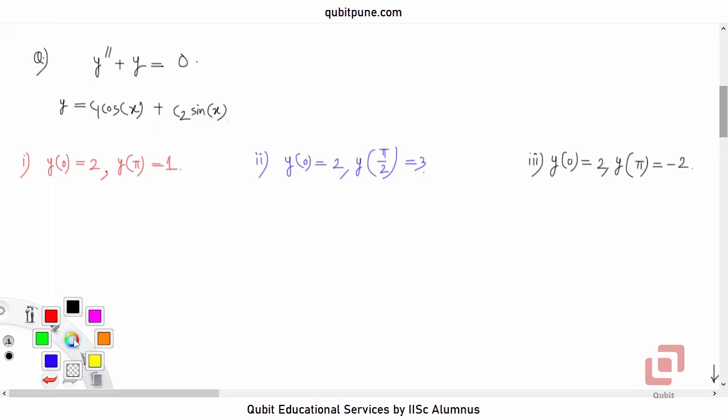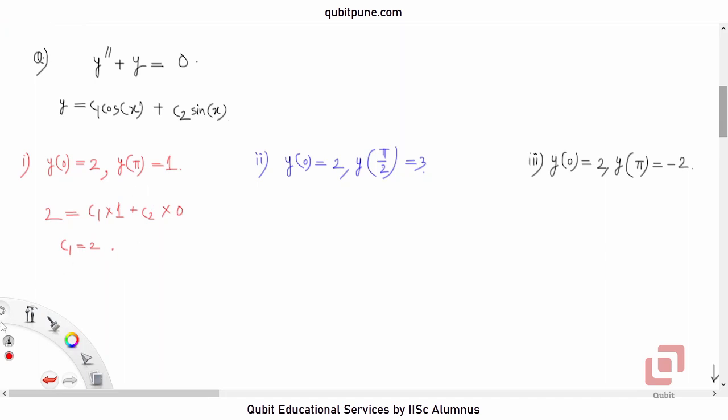So let us suppose that these are the boundary conditions: y of 0 equal to 2, y of pi equal to 1. I'll use the first boundary condition, which will give me 2 equal to c1 into 1 plus c2 into 0. So this gives me c1 equal to 2.